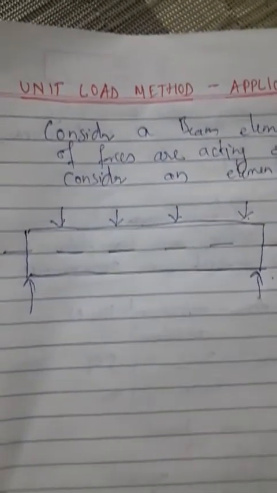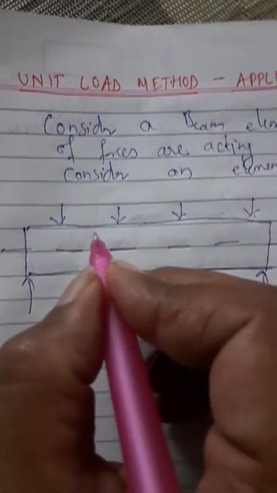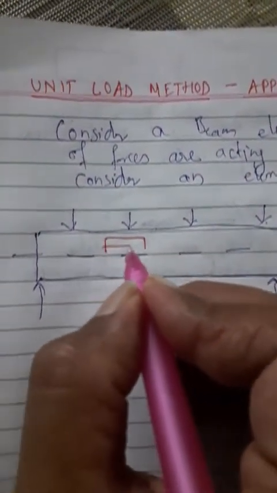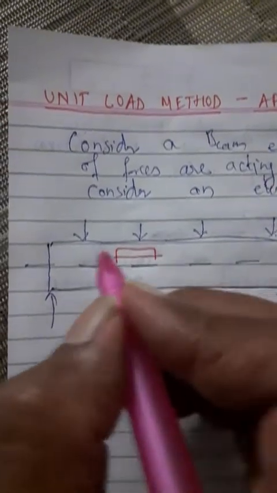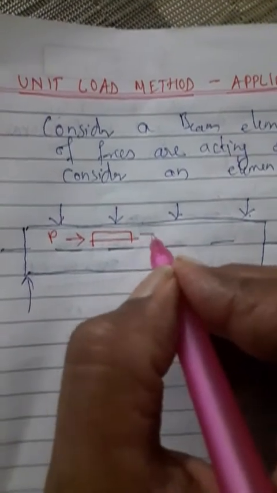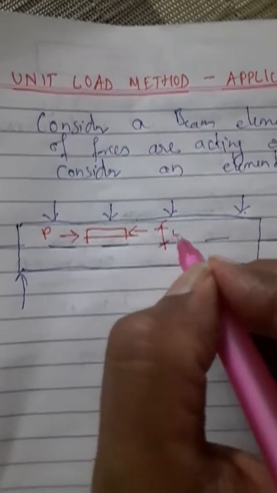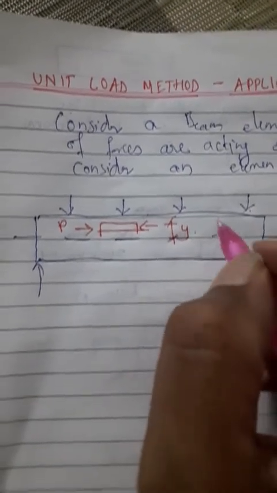Consider an element. Let the forces on that element be P. Let its distance be y from the CG axis.